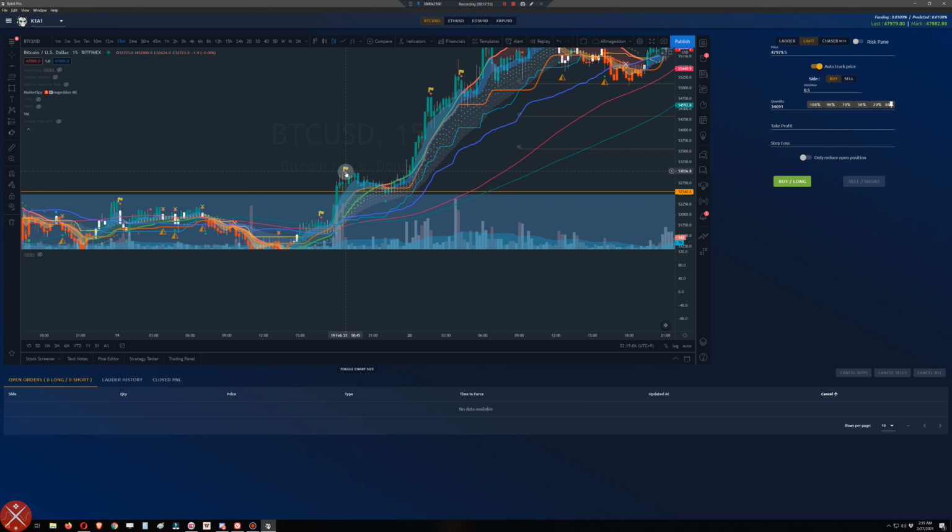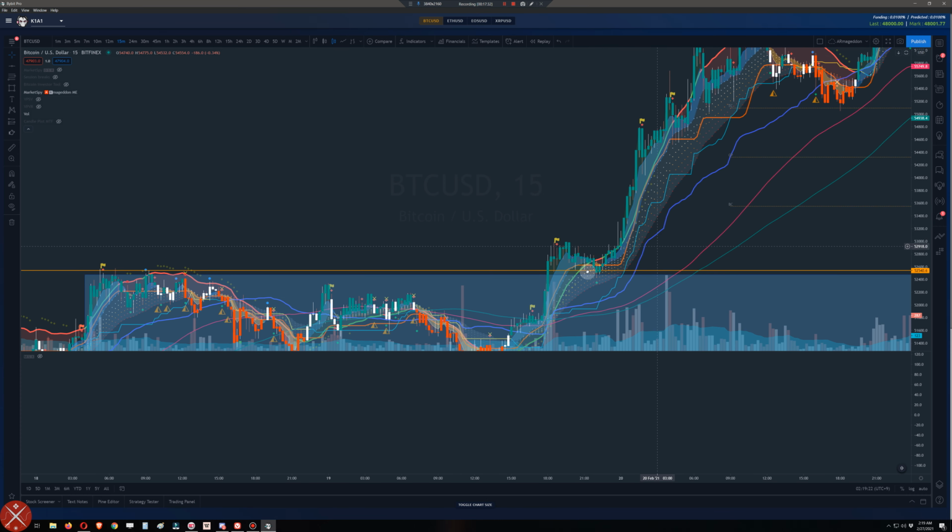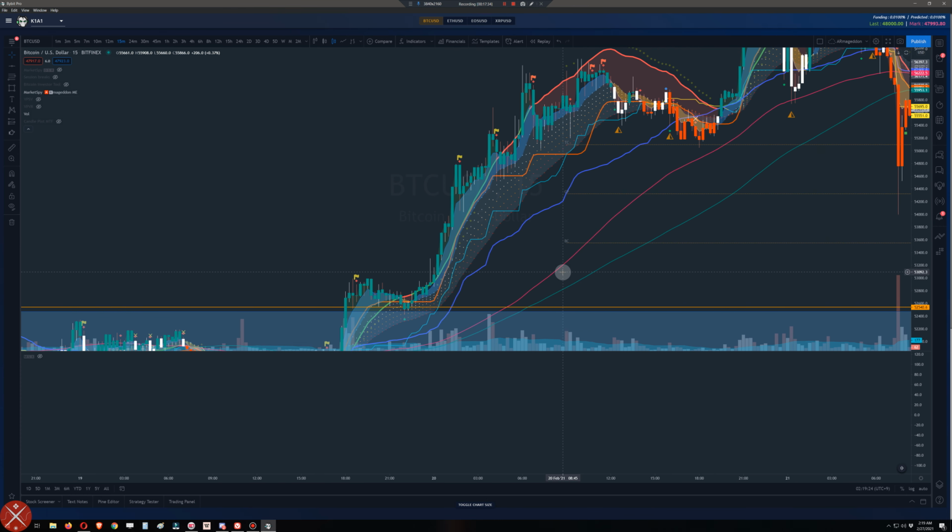So right after this consolidation here, we come down, we start pumping, right? We go up, and the number one thing you're always looking at is how far away are you from the magnetic ribbon over here.